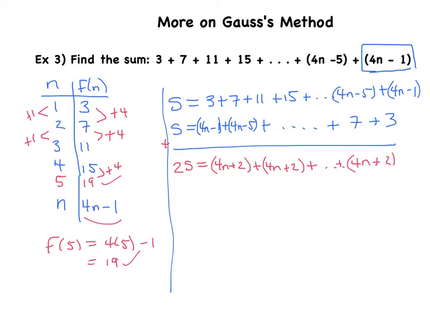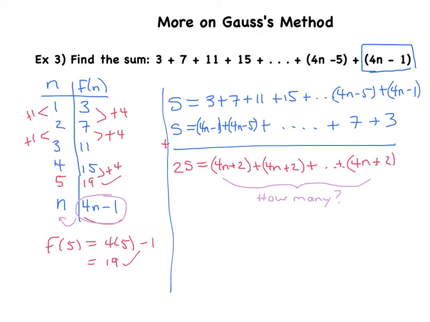Now, you may wonder, as we wondered in the last video, how many 4n plus 2's are there? Well, this time it's actually easier to see than the last time, because go over to your table here. 4n minus 1 is our nth term.